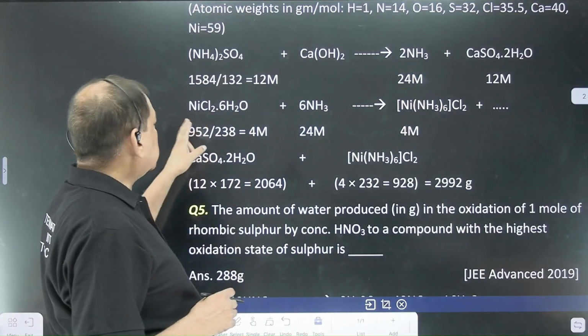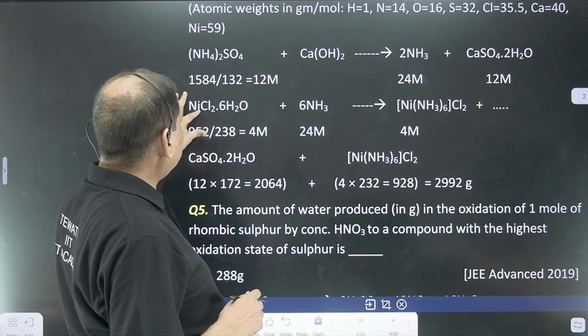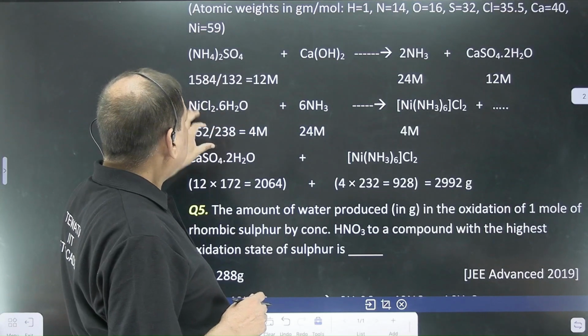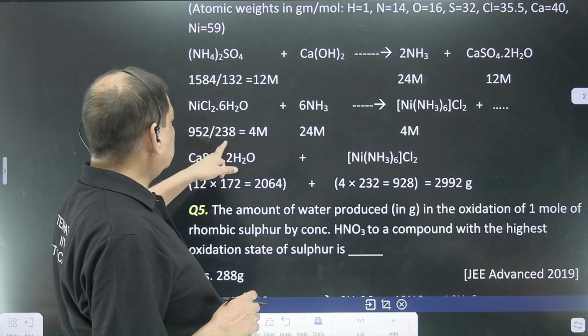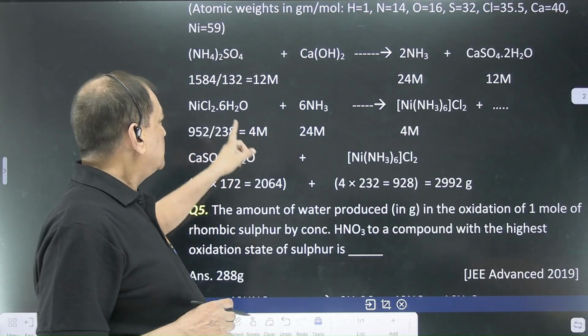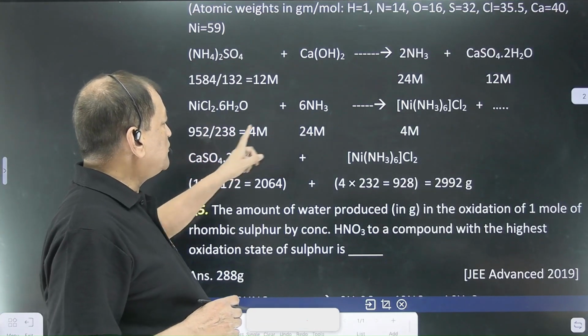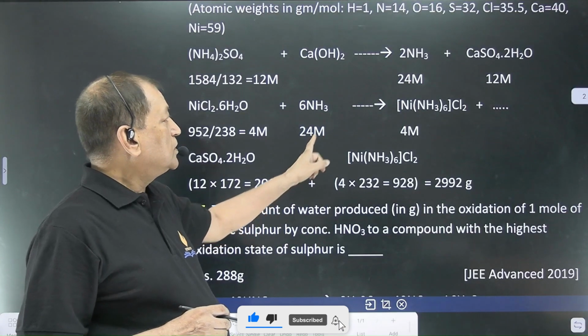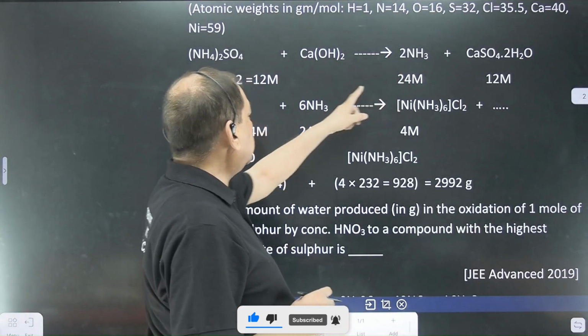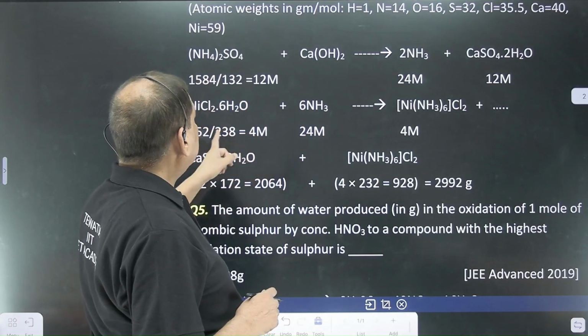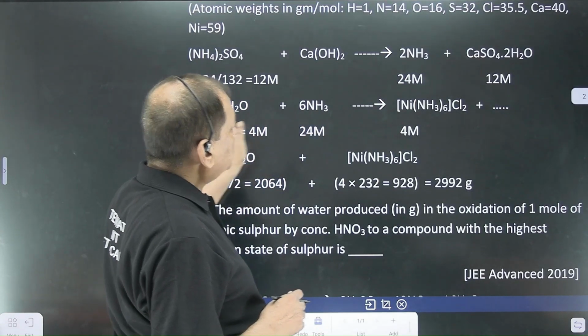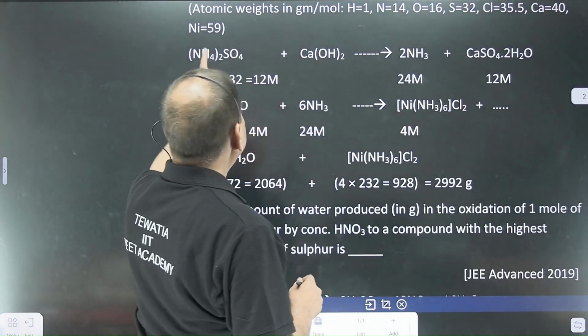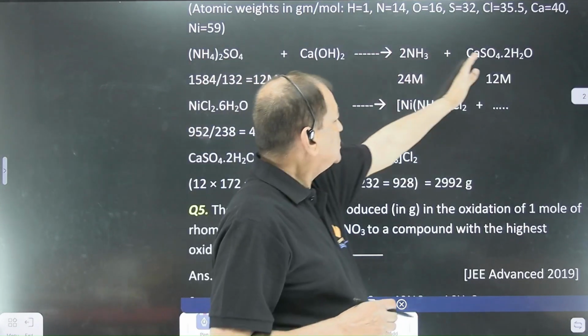Then it is given 952 gram of nickel chloride. That means molecular weight 238, divide, 4 mole. 1 mole reacts with 6 mole, so 4 mole will react with 24 mole. So 24 mole ammonia here is fully used here, and this compound is converted to this.